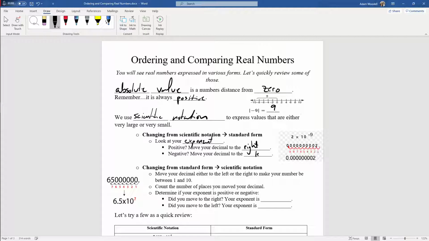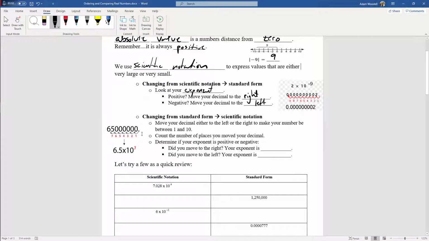And if it's negative, you'll go backwards and move it to the left. That also means we might have to change from standard form into scientific notation, which means it's kind of backwards. If we're taking our number and moving to the right, our exponent is negative. And then again, if we move to the left, it's going to be positive.